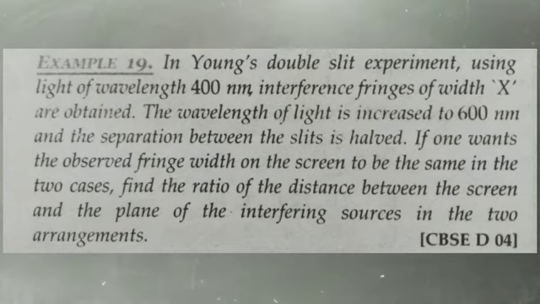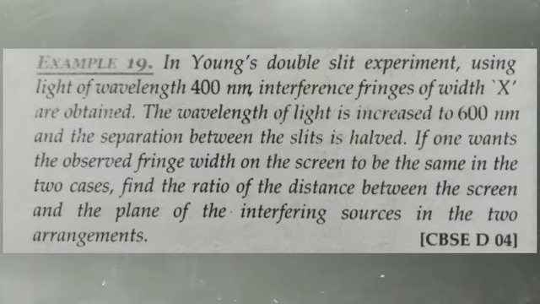If one wants the observed fringe width on the screen to be the same in the two cases, find the ratio of the distance between the screen and the plane of the interfering sources in the two arrangements.